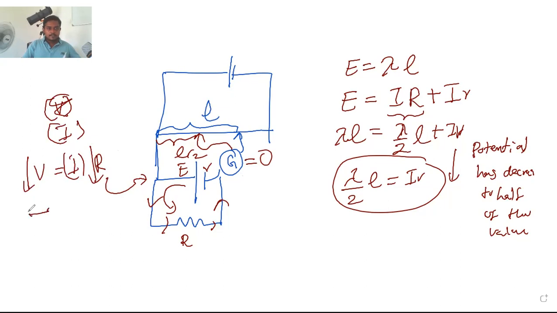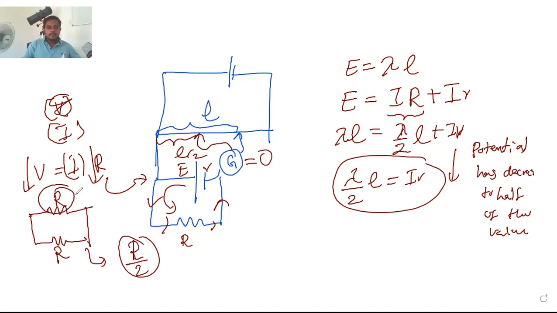If two resistors are set in parallel, consider this is R and this is R, finally we are getting R over 2. So obviously this has to be R.